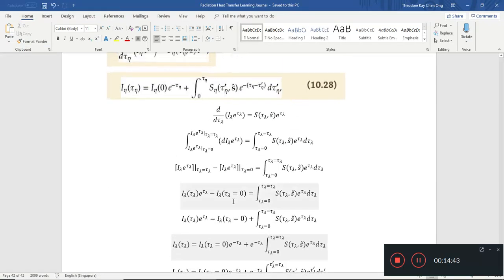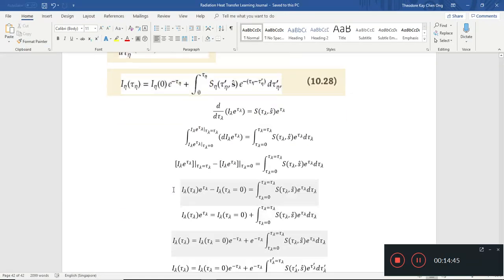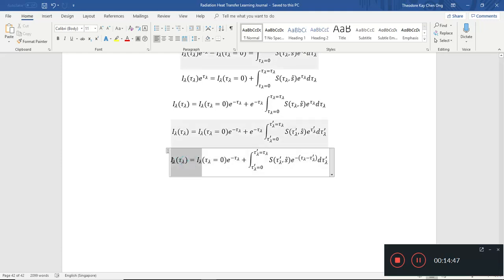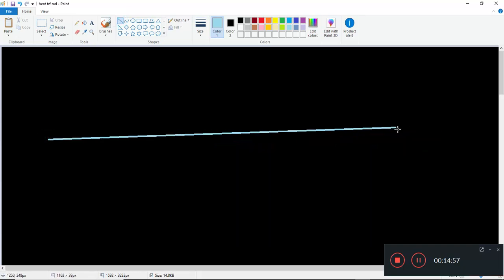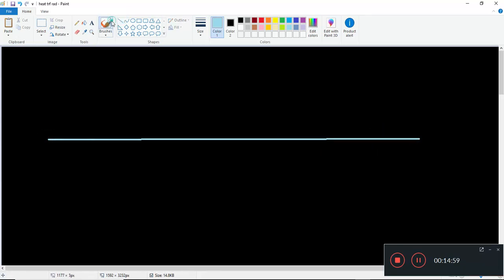Alright, so what this equation is saying is that the intensity at some point tau lambda, so let's say there's a certain optical thickness tau lambda. I'm going to draw a line here. This is the optical thickness being 0.